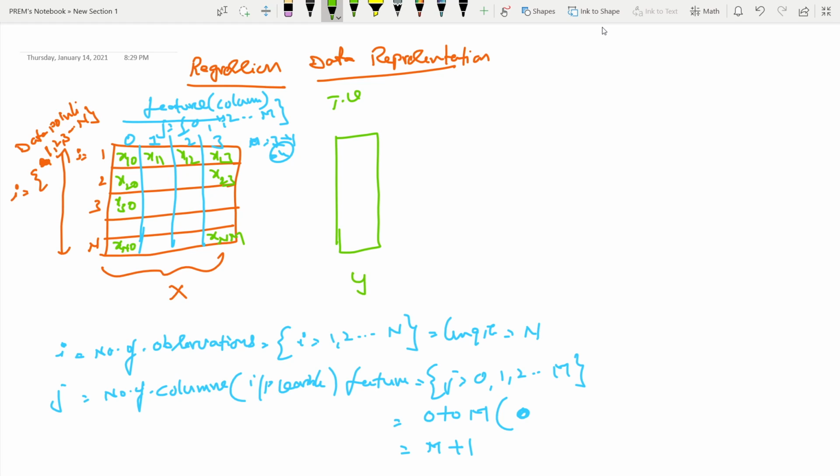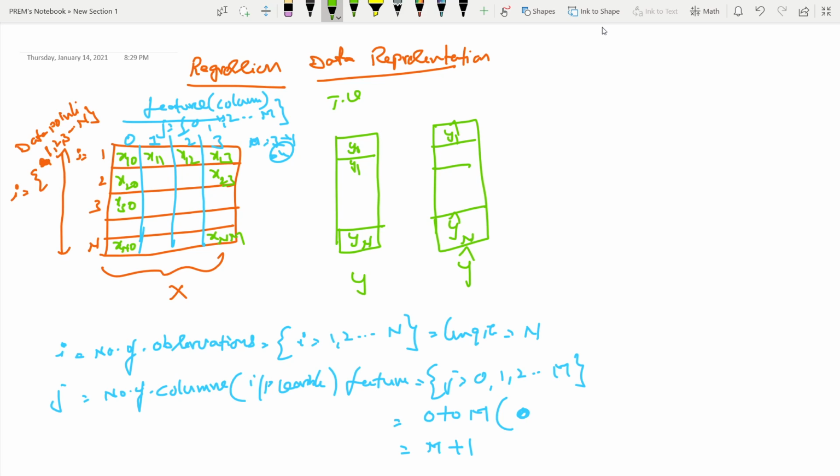This is the target variable y. So here this is my y0 up to yn, and this is my predicted variable, y hat. So I am writing up to n observations, yn hat.